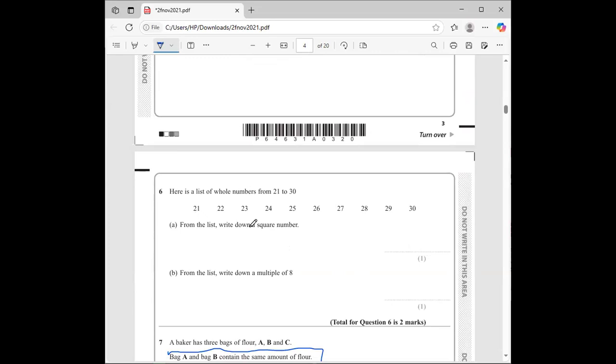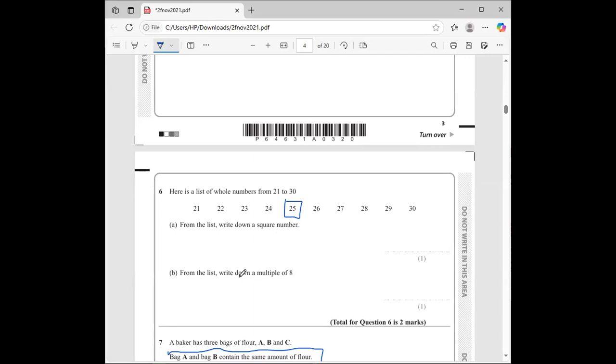Which one is that? 25. 25, correct. I almost said there's no square number until I remembered that 25 is part of the picture. So yes, 25 is a square number.